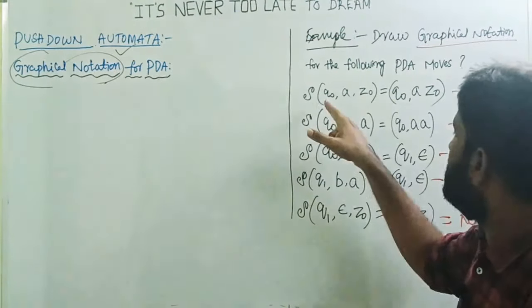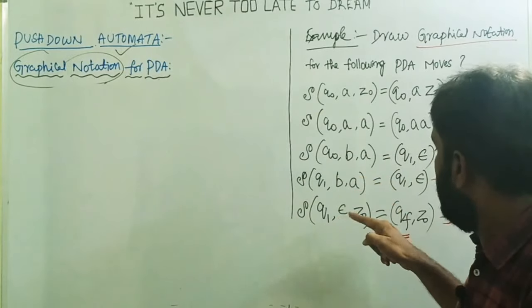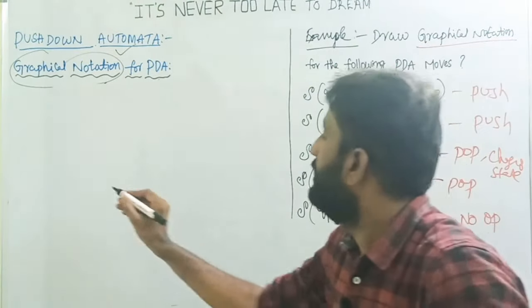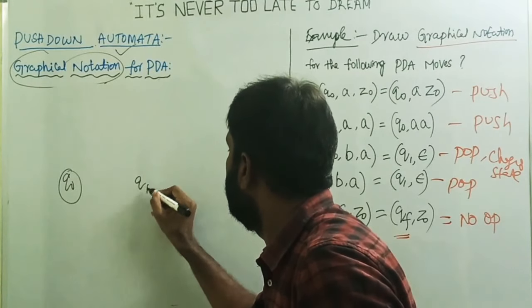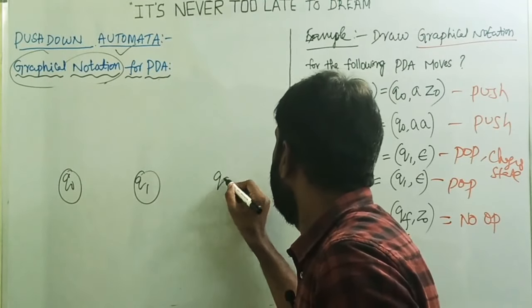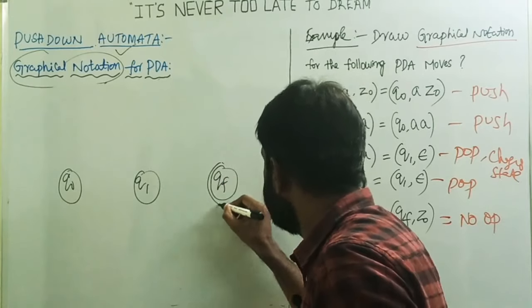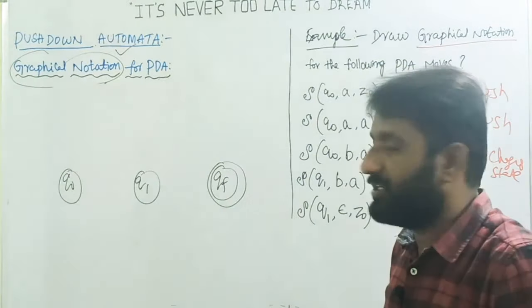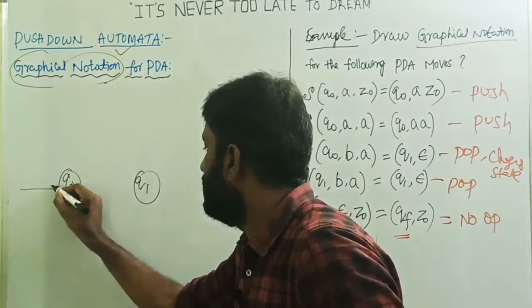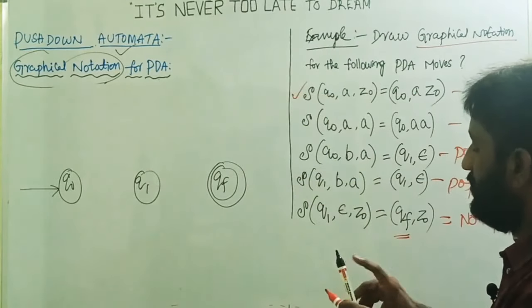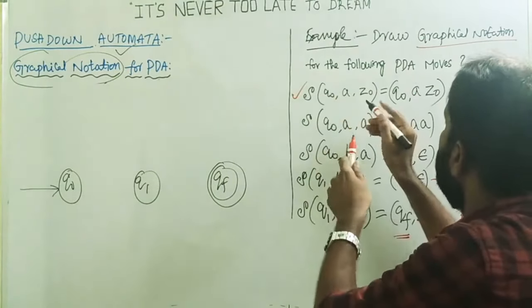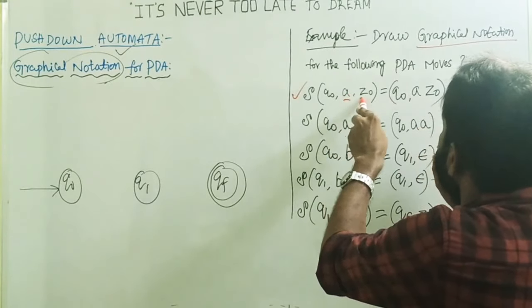You see, the states are Q0, Q1 and QF only. The final state is represented by a double circle, and the starting state is represented with an arrow. Take the first transition: Q0, input symbol is A, top of the stack is Z0.